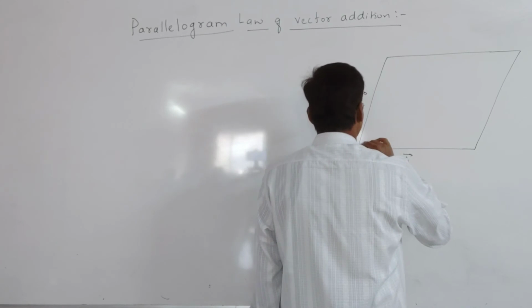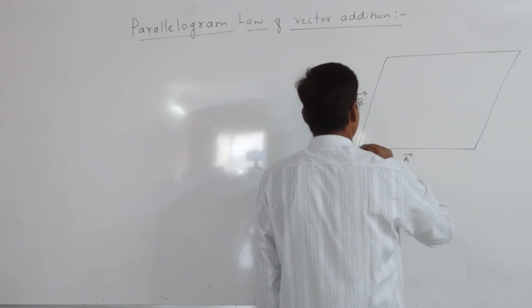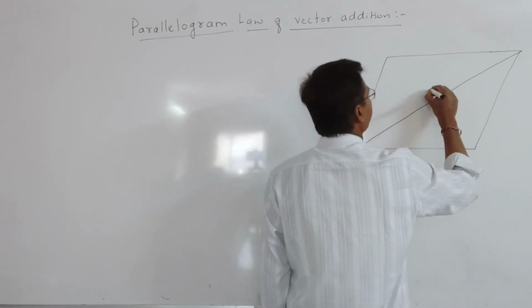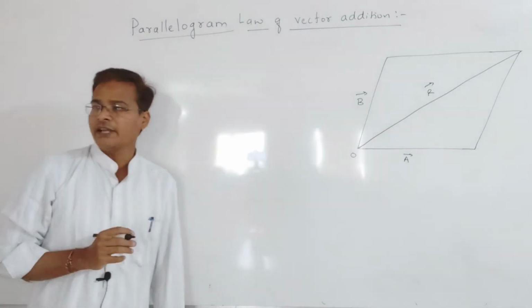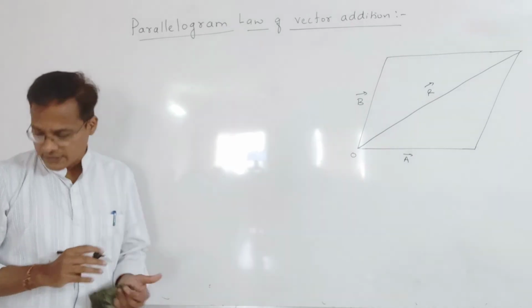Next, the resultant vector is represented both in magnitude and direction by the diagonal of the parallelogram. This is the diagonal of the parallelogram. This is called the parallelogram law of vector addition.